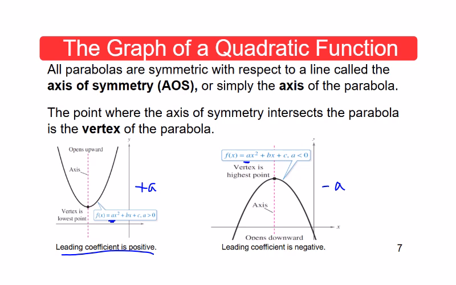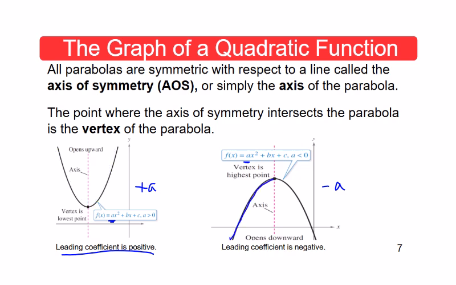All right. Now another component of a parabola is called the axis of symmetry, and that's basically the line with which the parabola is symmetrical. Okay. So if you were to spin the parabola around, this side mirrors this side, right?